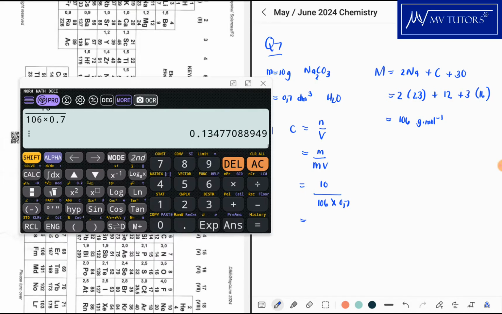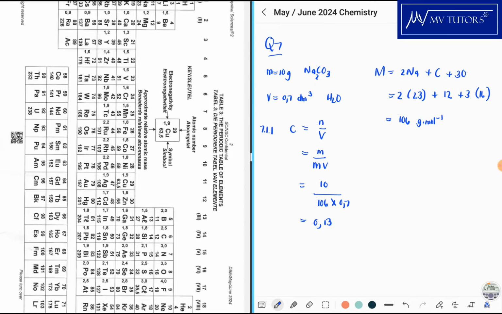All right, so we get 0.135. Just say 0.13 moles per cubic decimeter. Remember this is grams, and that's grams per mole, so the grams cancel out, and that is cubic decimeters. So yeah, we're good.